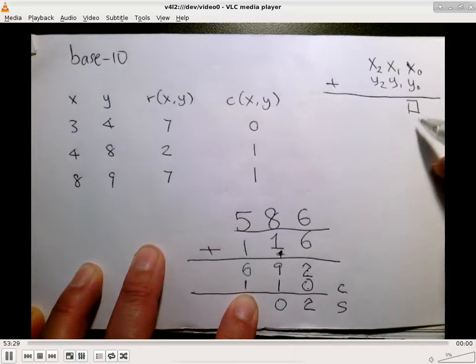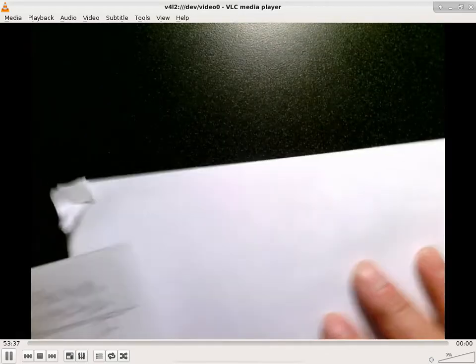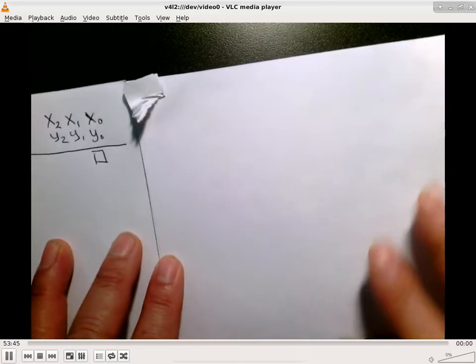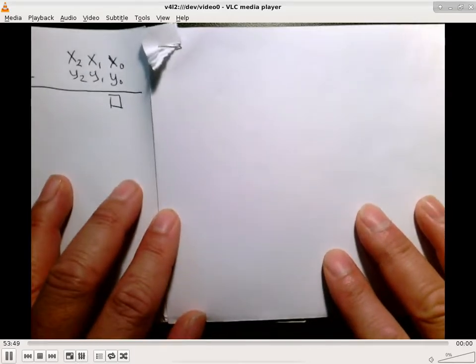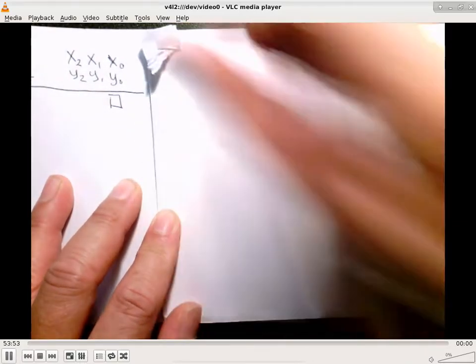So this thing, I need a way to drag it out, maybe on a separate piece of paper. Hold on a second, let me try to do this way. There we go. Low tech, but effective.